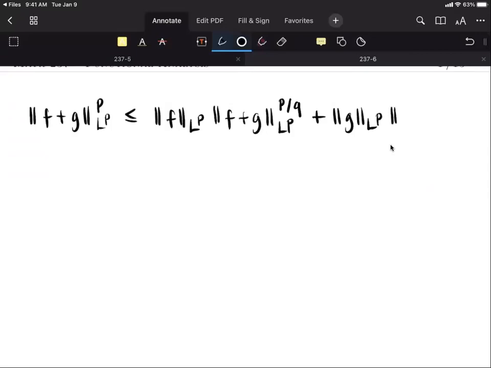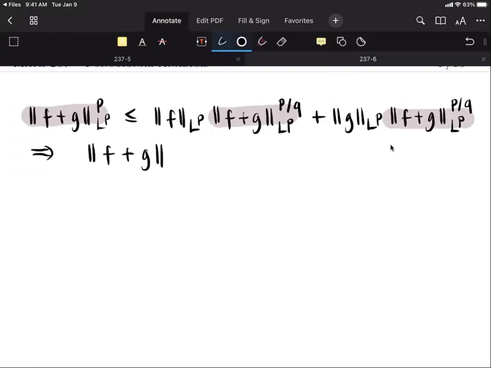You replace f by g and you end up with the same conclusion. So here you see there's a common factor. And if you divide both sides by that, we will get p minus p over q, LP, less or equal to the sum of the LP norms. You factor and then you divide by the common factor.